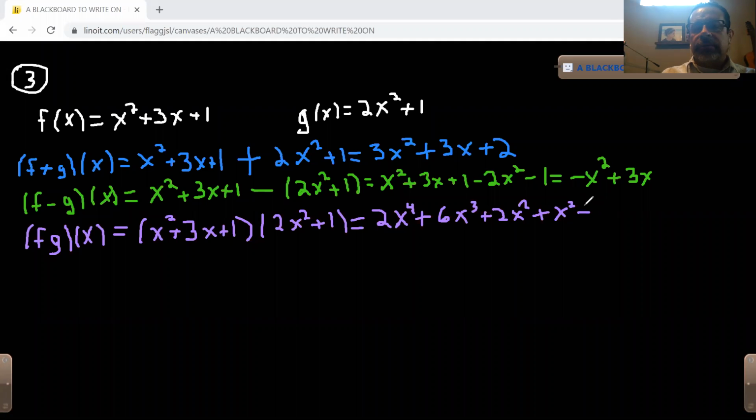Plus 3x plus 1. And we can simplify by adding the terms that are common. This would be equal to 2x to the 4 plus 6x to the 3, 2x squared plus x squared would be plus 3x squared, plus 3x plus 1.